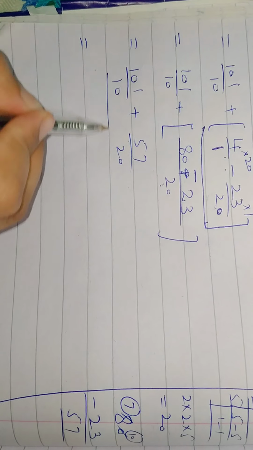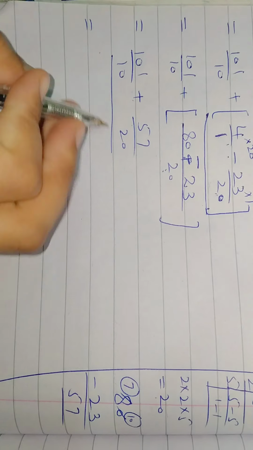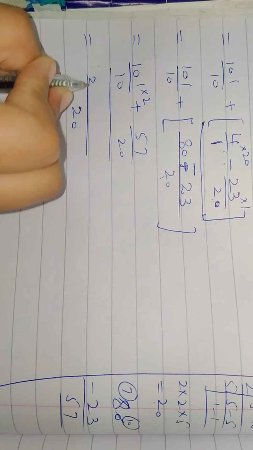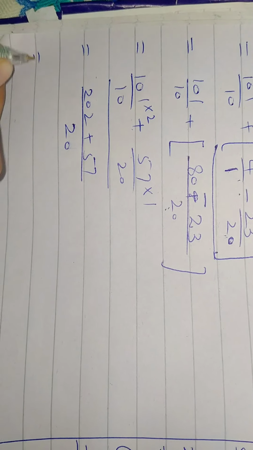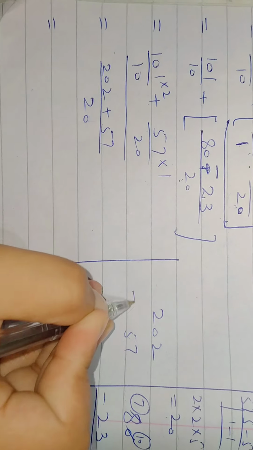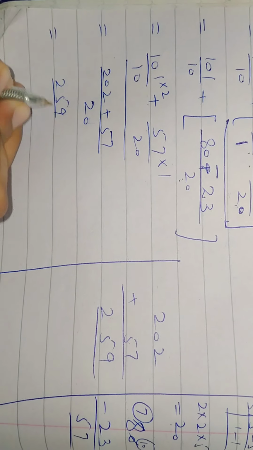Now again we have to take the LCM, because there is an addition sign. The LCM of 10 and 20 is already taken, that is 20. So 10 2s are 20, 202, 20 1s are 20, 57. We have to add it over here. 259.